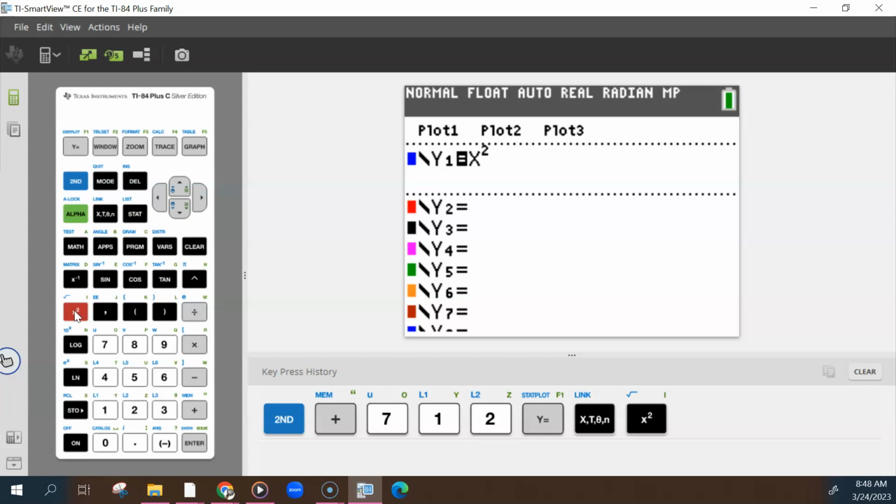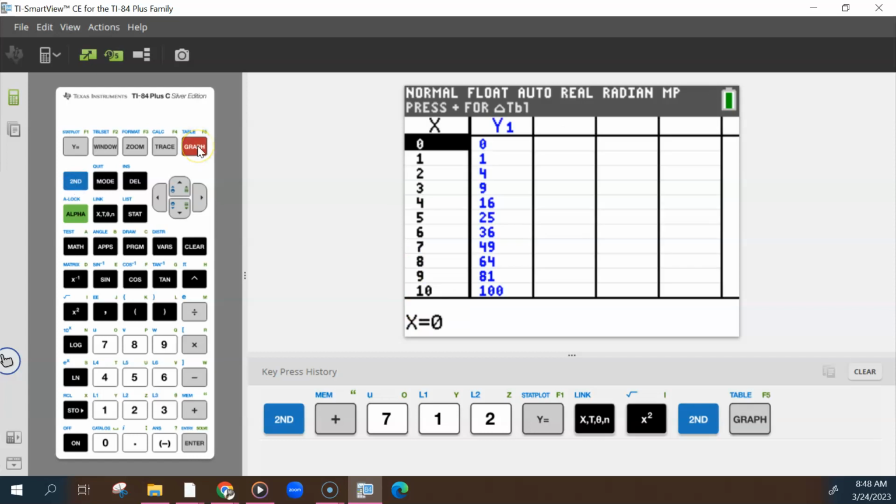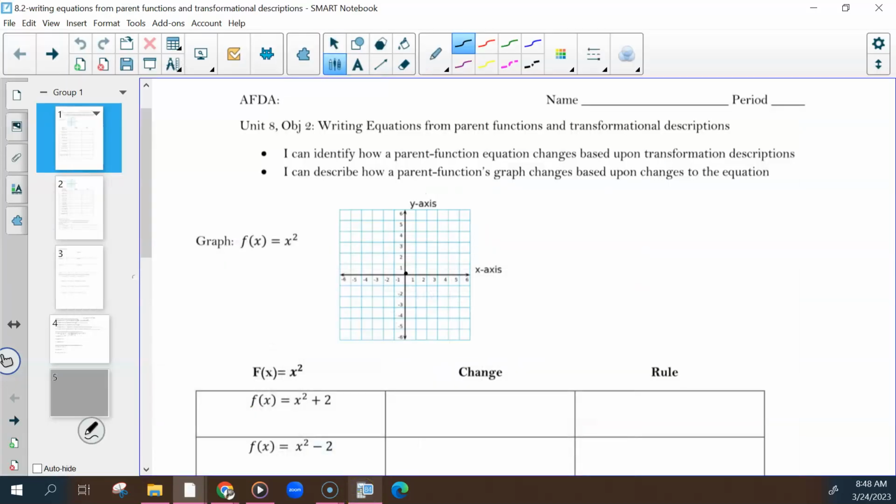And we're just going to go to the table to get the points. So go second graph. How we find the points is the same. We're looking for where y values repeat, and in the middle. So 0, 0 would be our middle or vertex.